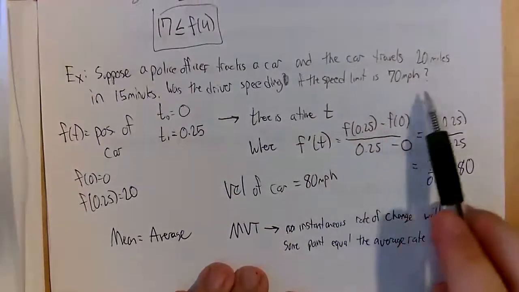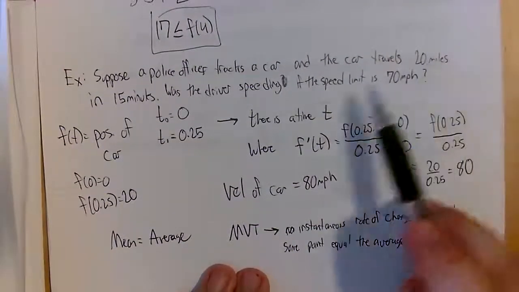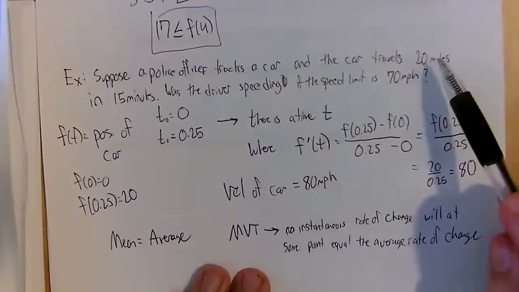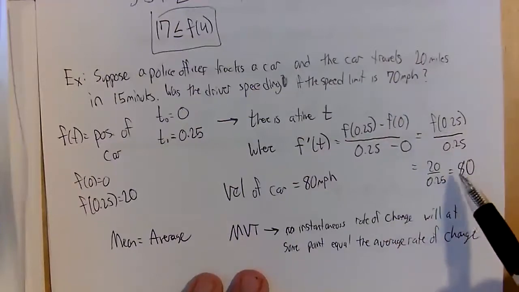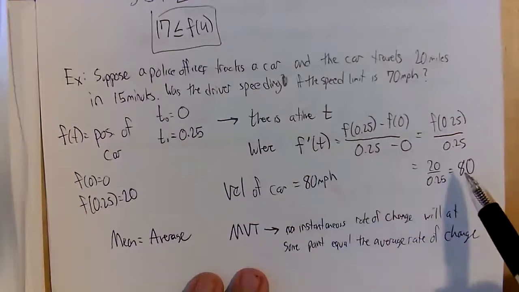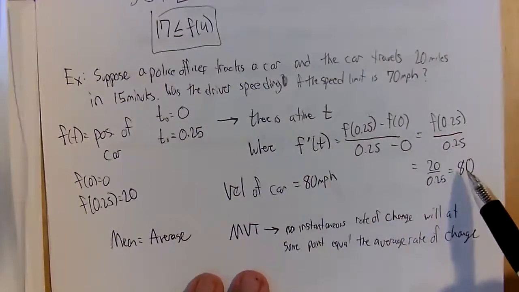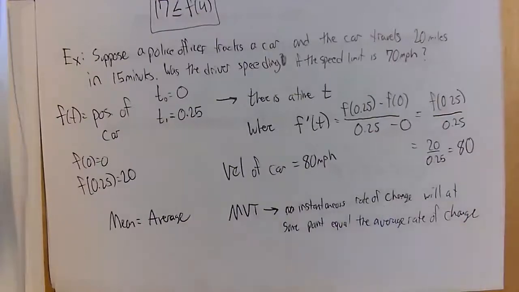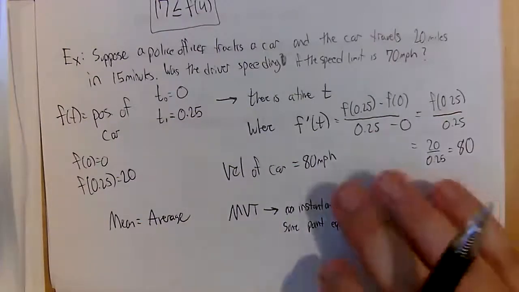So for those of you who took physics in high school, you could determine that the average velocity is 80 miles per hour. It's the total distance over the total time. And we see that because of the mean value theorem, the instantaneous velocity will end up equaling the average velocity somewhere along the way. So that's what the mean value theorem is telling us here in layman's terms.